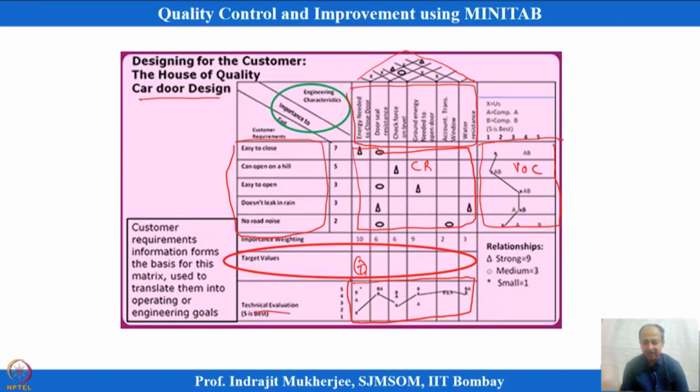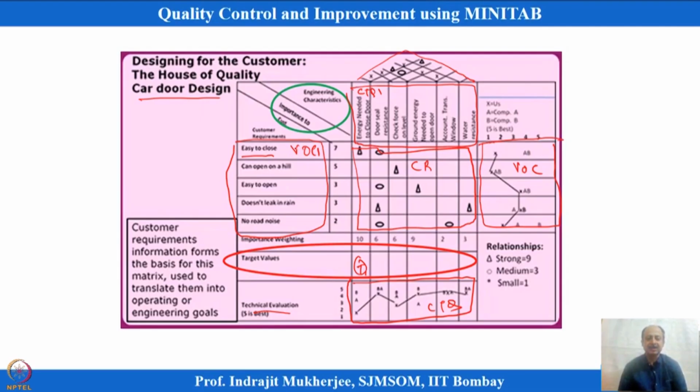This below box will say how the CTQ stands with respect to the competitor. And this correlation matrix will show the relationship between, let us say, voice of the customer 1 and CTQ 1. One of the voices shown here is easy to close. In the car door design, the customer wants it to be very easy to close.